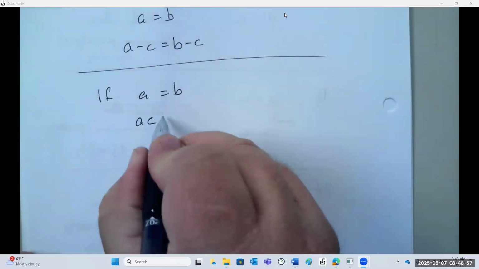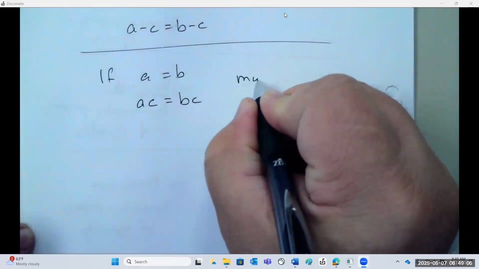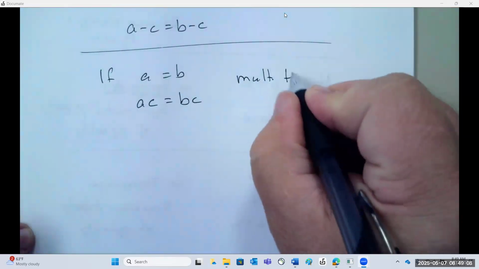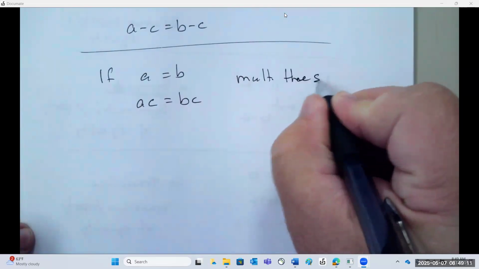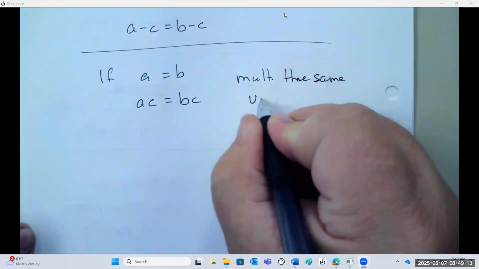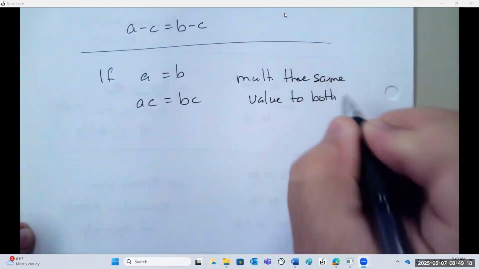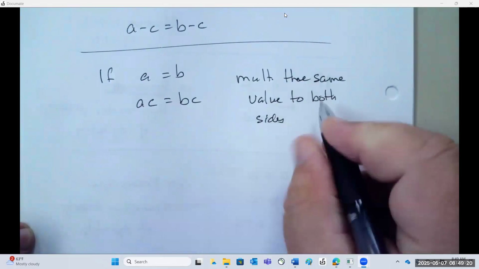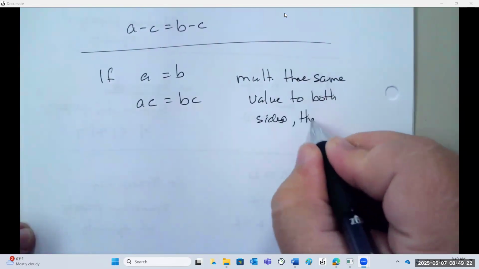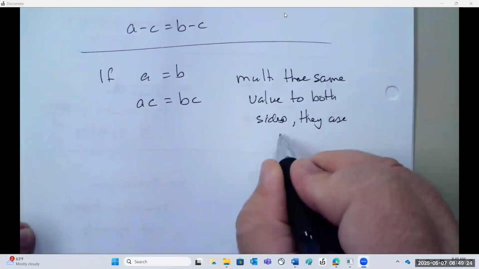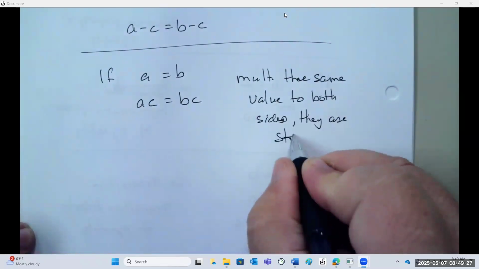If A equals B, and I multiply C to both sides, they're the same thing. So multiply the same value to both sides. They are still equal.